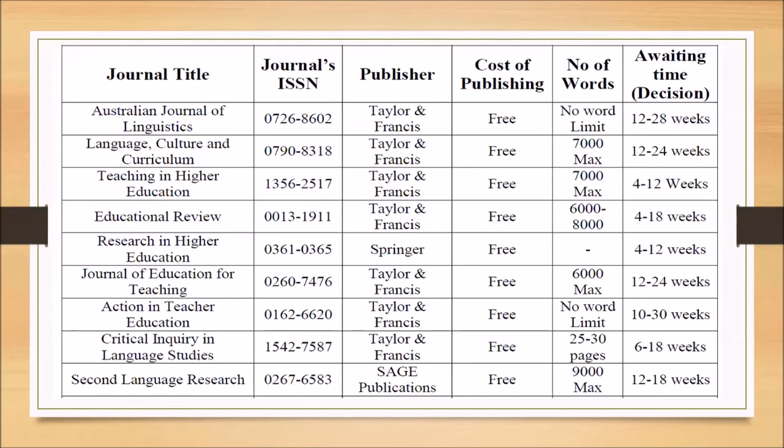The title of the journal is not matching my title, so I have to look at the scope. Is it matching or not? Sometimes an article gets rejected because its scope doesn't match the journal. So you have to read it carefully.